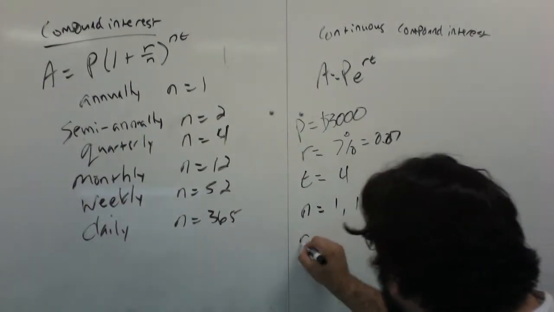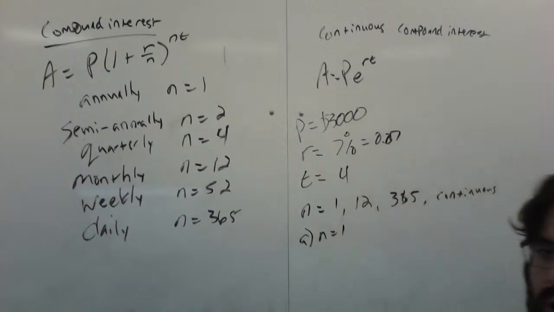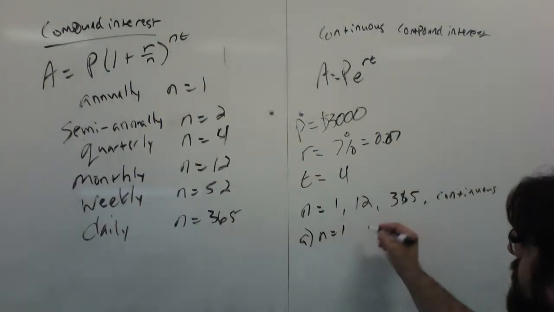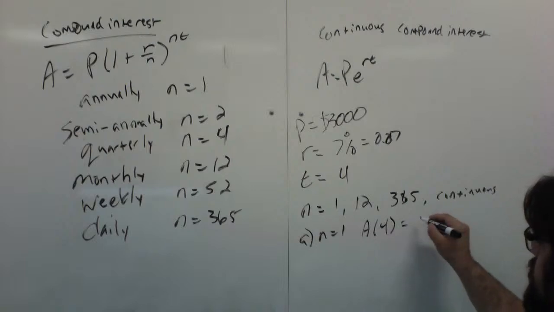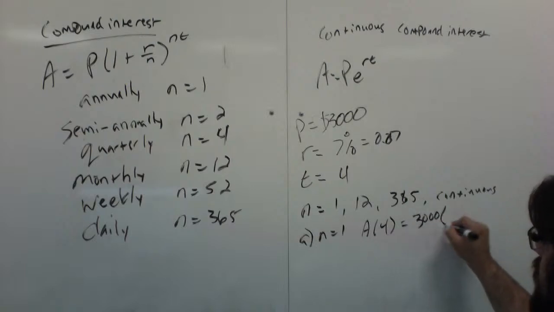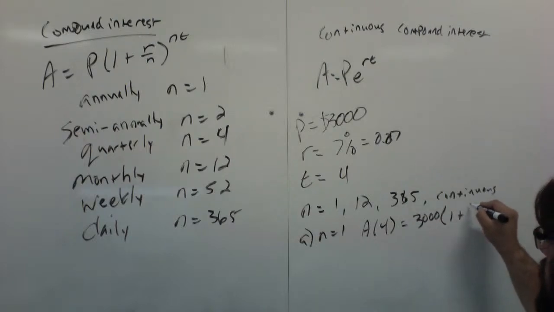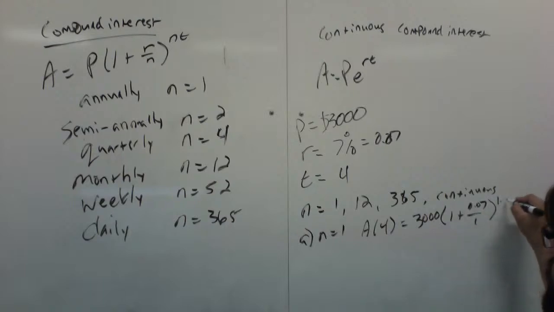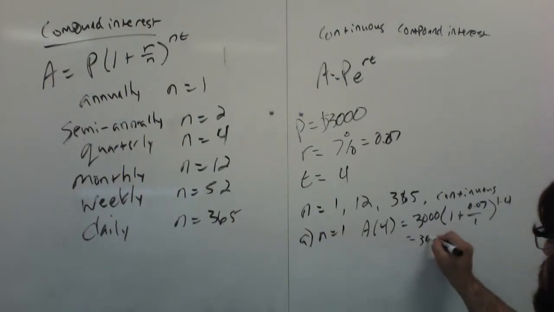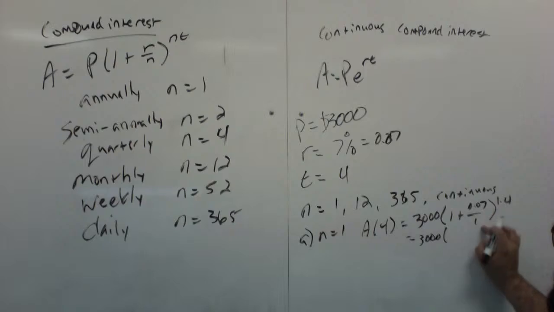All right? So A, N being 1, that's A of 4, because 4 is the number of years, equals 3,000 times 1 plus 0.07 over 1 to the 1 times 4. Now, some of that can be reduced. 0.07 over 1 is itself, plus 1, that's 1.07. 1 times 4 is 4.